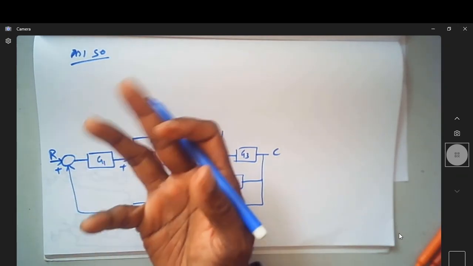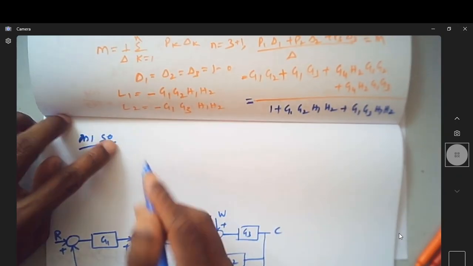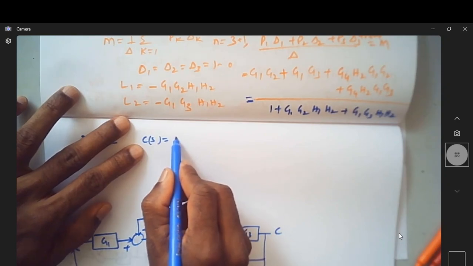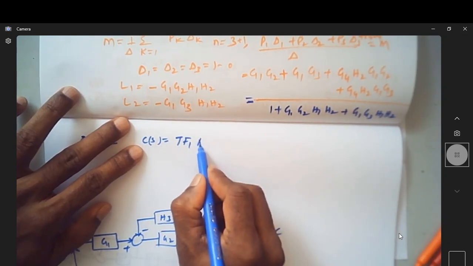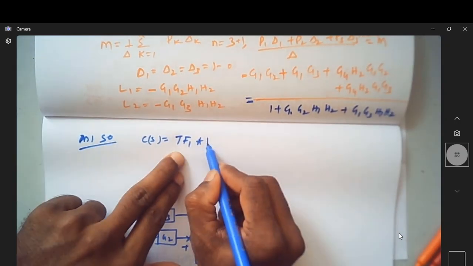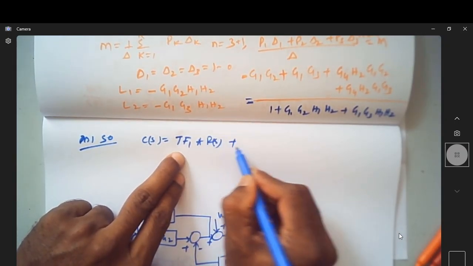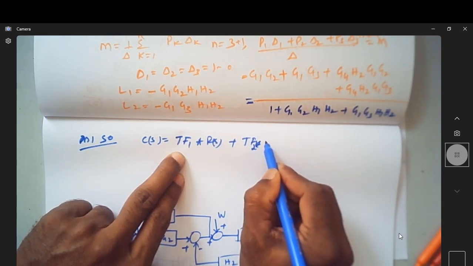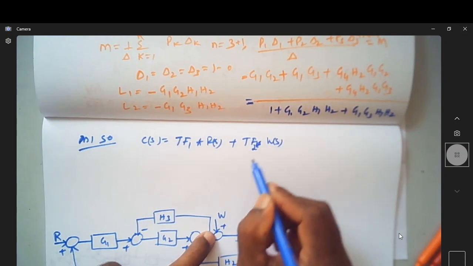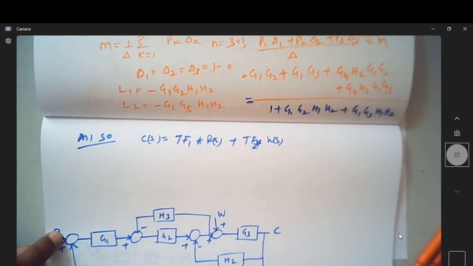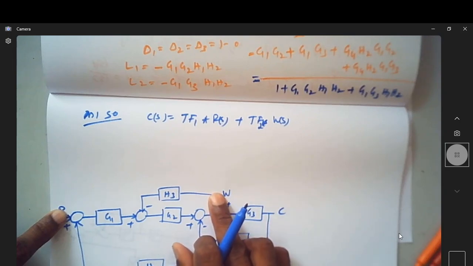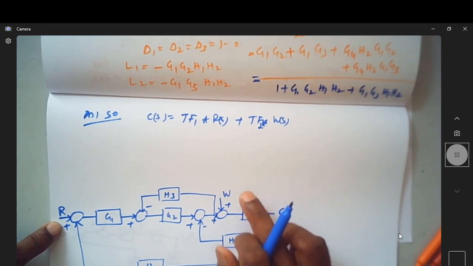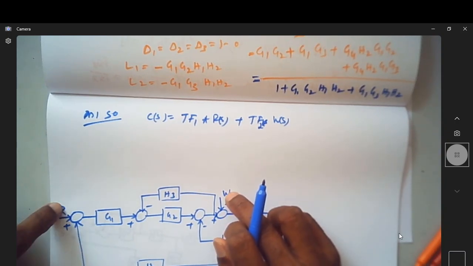When it is multi-input, single output, C(s) can be written as transfer function 1 multiplied by the input R(s) plus second transfer function TF2 multiplied by W(s). So when you consider this as the input, you have a different transfer function. When you consider this input, this is treated as 0, and when I consider W(s) as input, this is treated as 0.